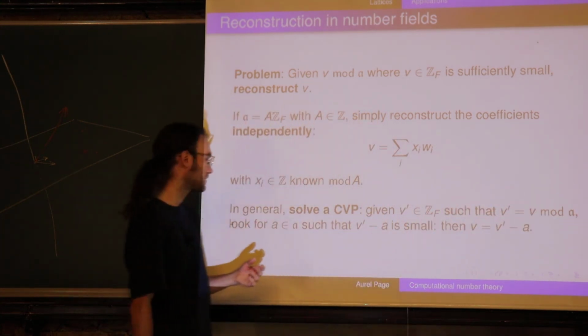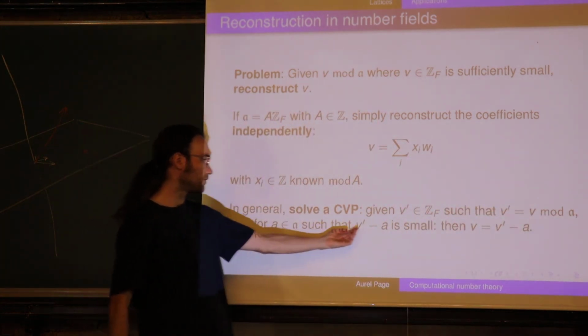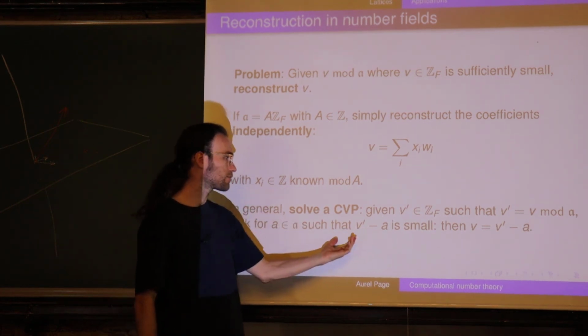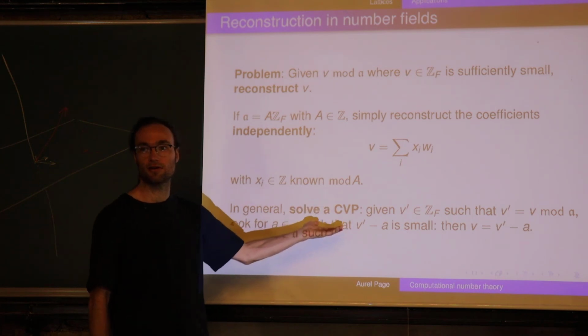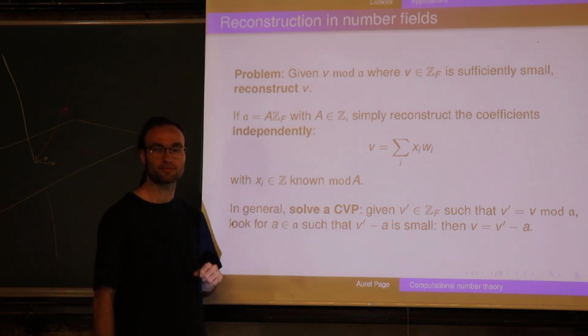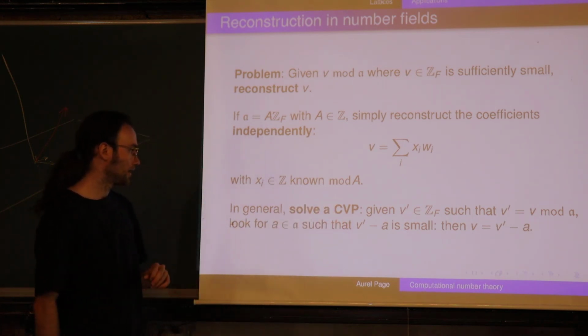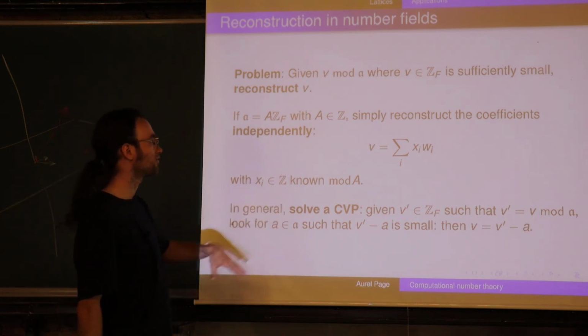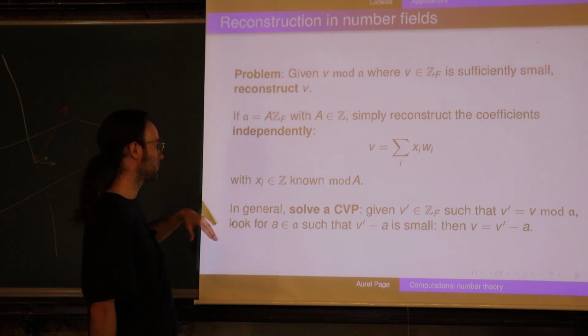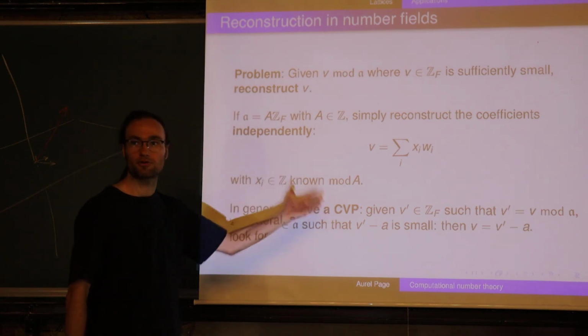So that's the same as saying that you want to translate it by an element of the lattice A to obtain something small. That's exactly the closest vector problem. And well, okay, if you analyze precisely the bounds, you can give bounds on the element and, depending on the ideal, be able to reconstruct.